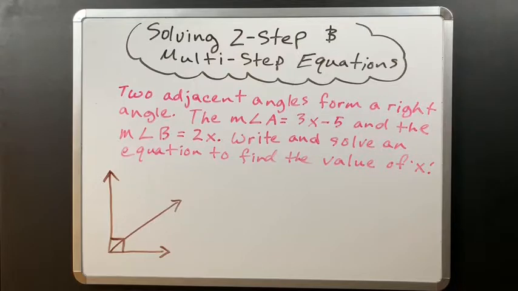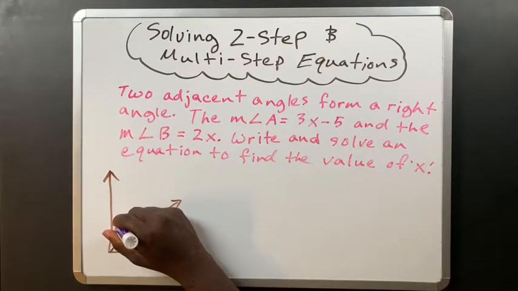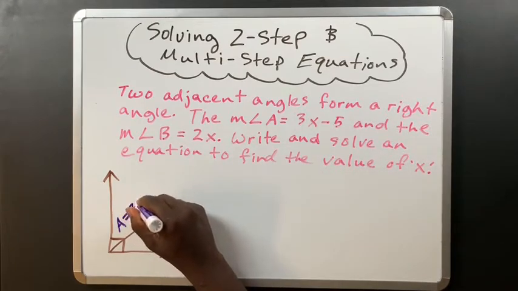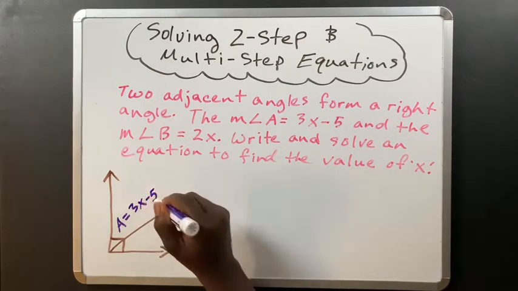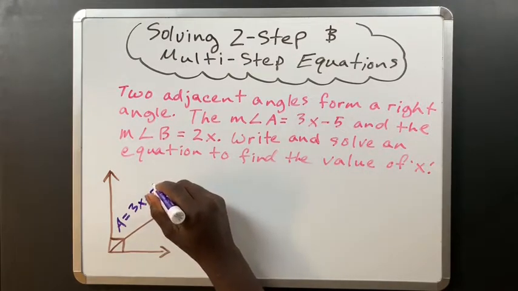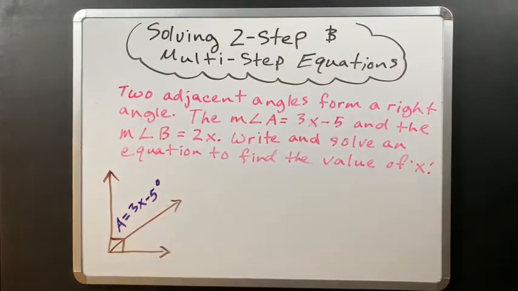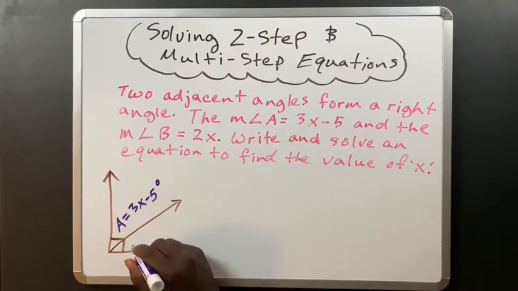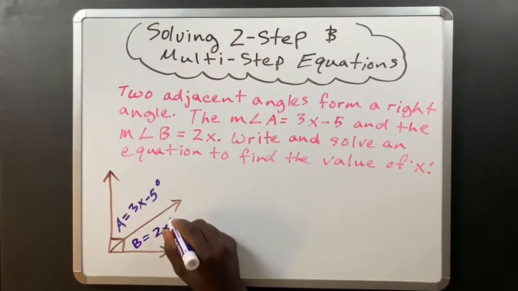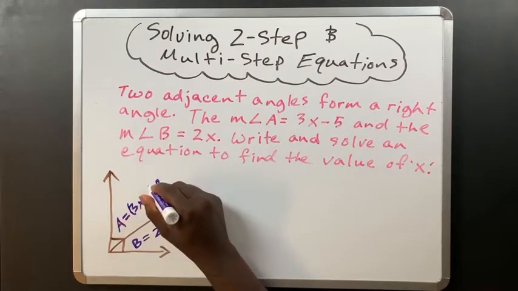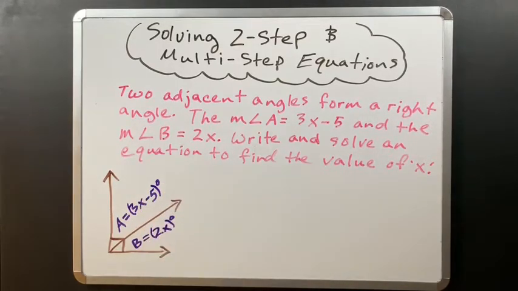It says we have the measure of angle A equals 3 times x minus 5, and that's really degrees, okay? So I'll put that symbol there for degrees. And then we have the measure of angle B equals 2 times x. So angle B equals 2 times x, and that's degrees, all right? Sometimes they'll put this in parentheses, so we'll just do that.